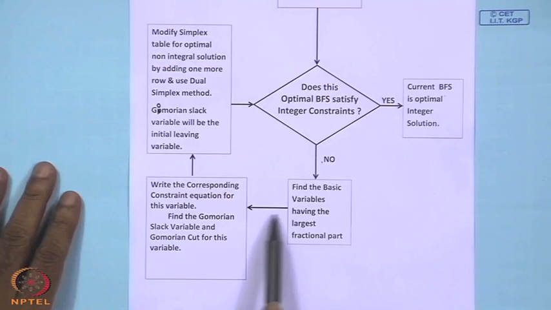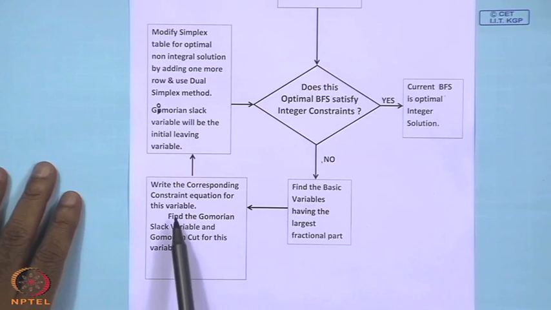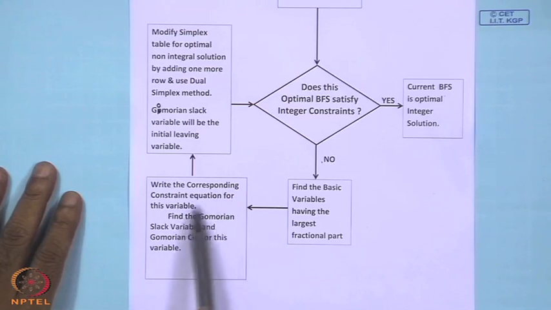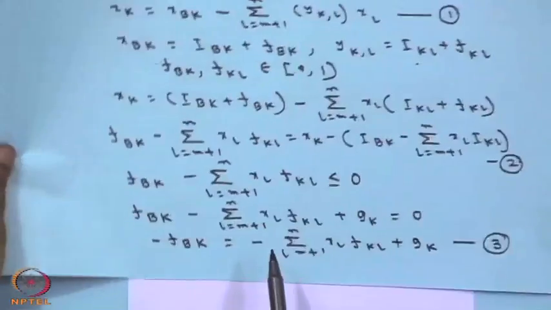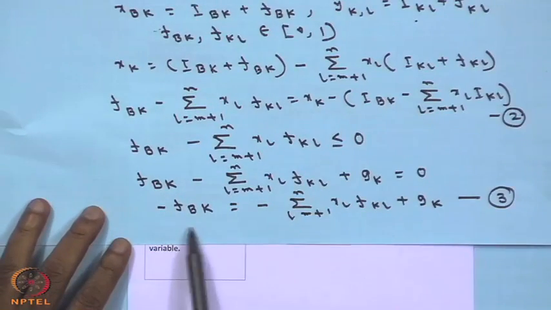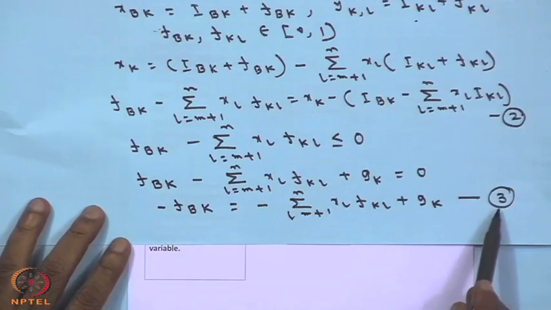Once you have chosen the largest fractional part and the corresponding basic variable, you write the corresponding constraint equation for this variable, and find the Gomory slack variable and Gomory cut for it. That is, you form an equation for that variable of the type of equation 3 that I have discussed.